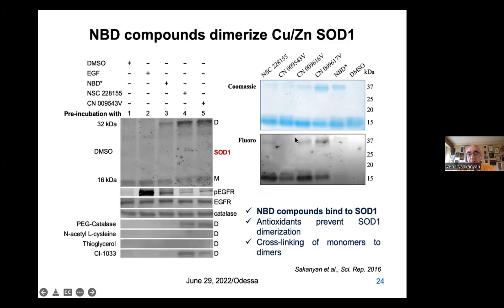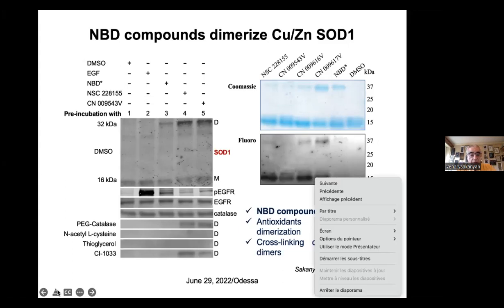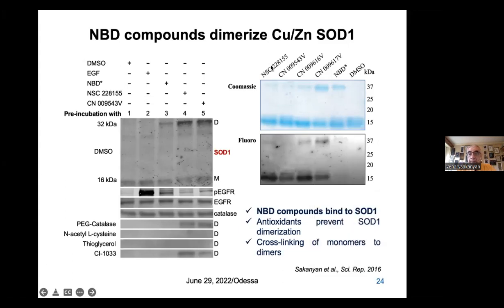Fluorescence detection has been done in a particular way, and I will mention it just a little later. So, go back. We suggested that if antioxidants prevent SOD1 dimerization, it means that NBD compounds preferentially bind to SOD1, and SOD1 could be involved in the processes that follow after such kind of binding.